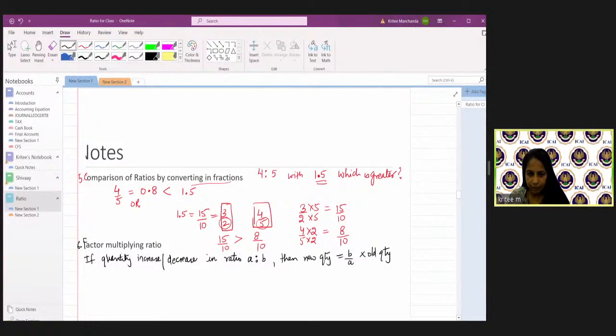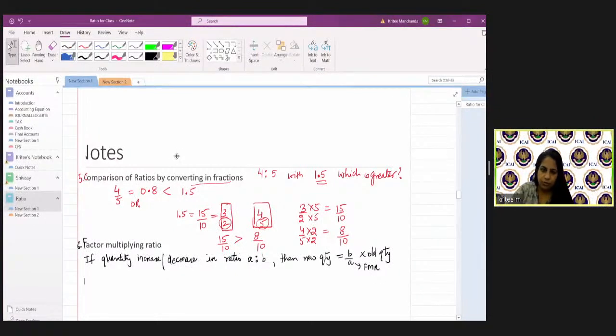That's factor multiplying ratio. So this B/A is nothing but the factor multiplying ratio. The factor multiplying ratio is that ratio which must be multiplied with the original quantity to get the new quantity when that old quantity is changing in the ratio A/B.